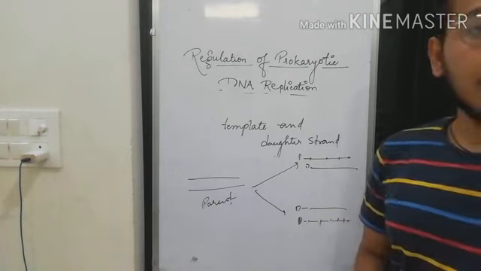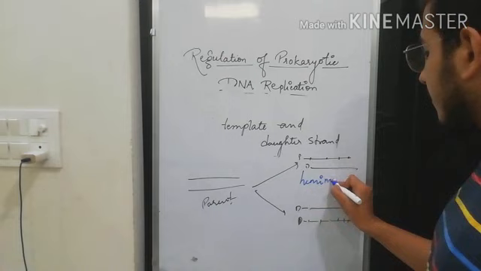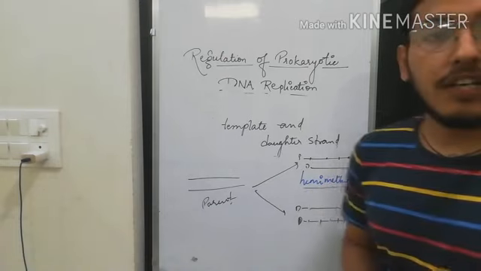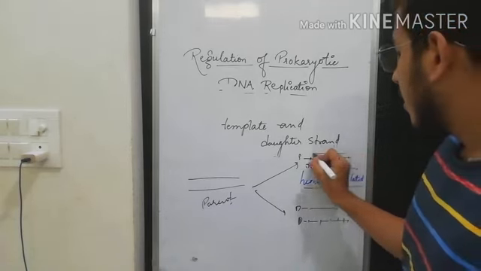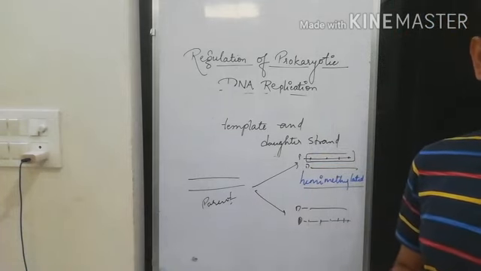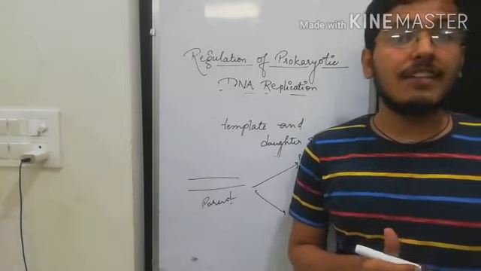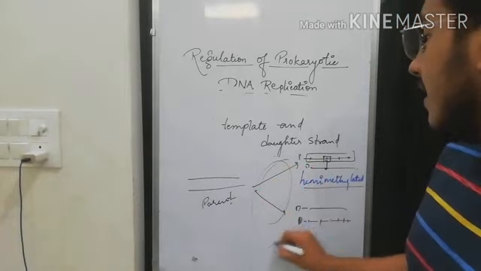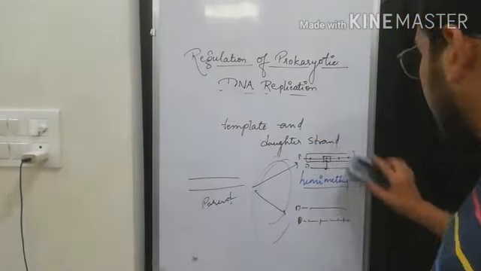So this is methylated, and this condition is our hemimethylated DNA strand. So the enzyme will recognize the hemimethylated DNA, attach, and cleave the mismatched pairs in the daughter strands. So methylation helps in the repair mechanism through this process.